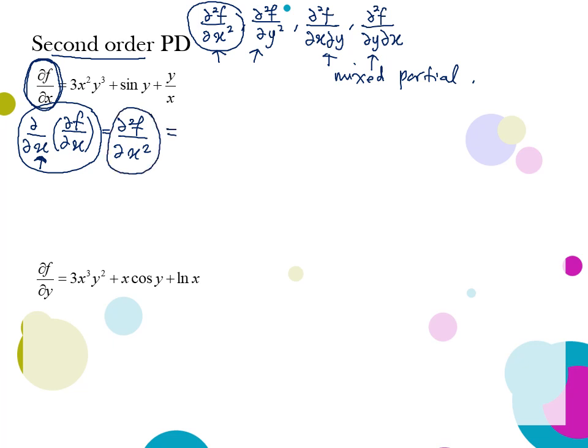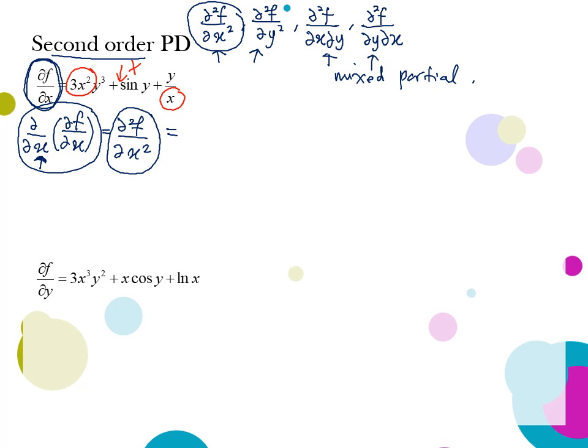Now same thing, you will just concentrate on x only for the second time. Just look at x. Where is x? Here. Do you have x here? No, no x here. Do you have x here? Yes, it is here.